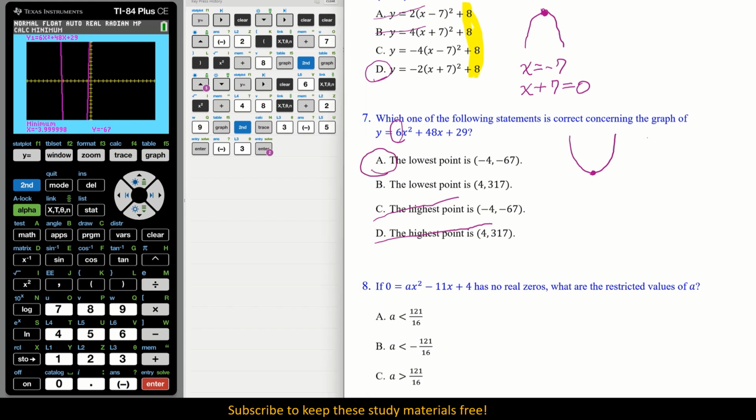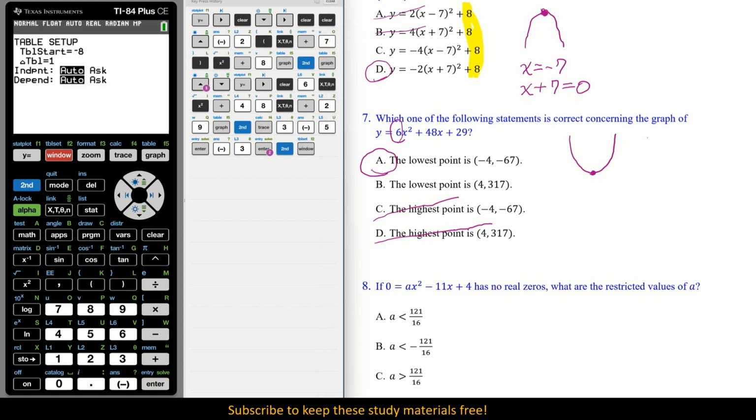Now, don't be satisfied with that. What you need to do is verify that. Just in case, double check everything you've entered. You could do the calculations and try to factor it out, but I'm not going to do that. I'm going to say second window, and I'm going to start at -4, going up in steps of 1.